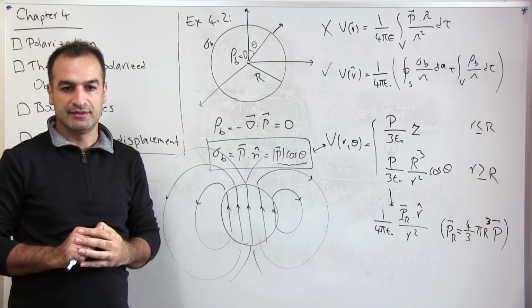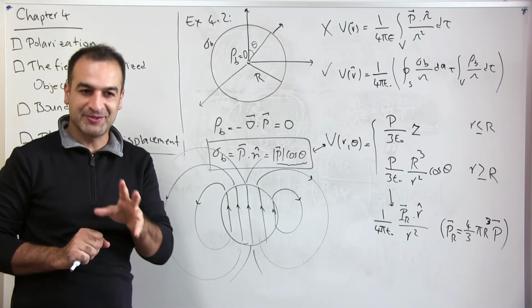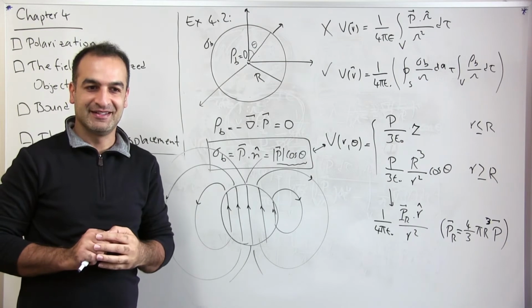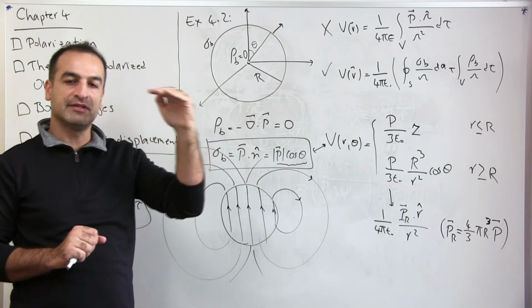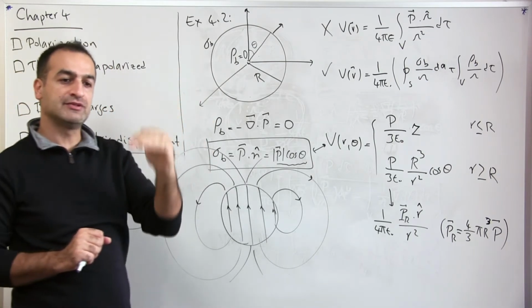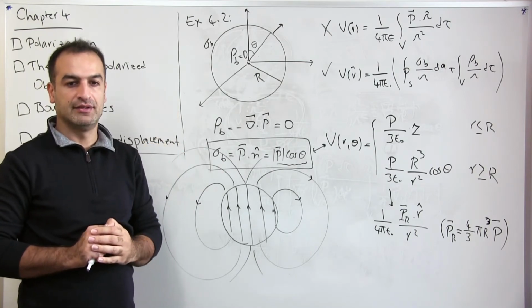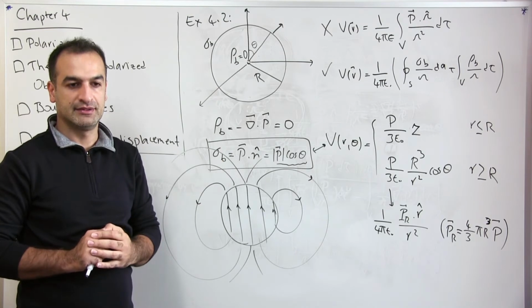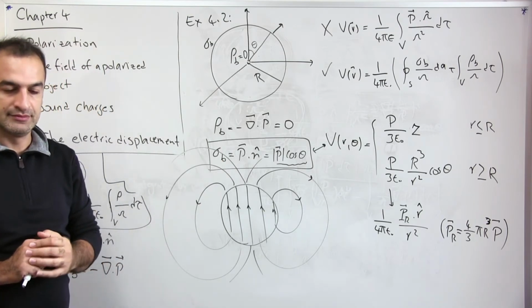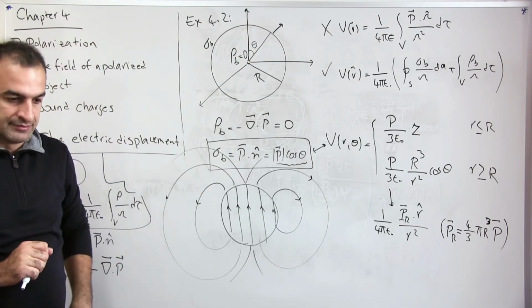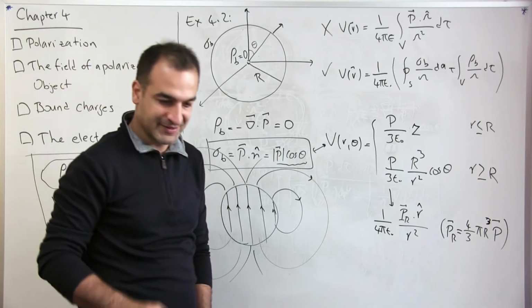Is that the answer to your question? Yes. So I did two parts. One of them integration by parts, and next I used the divergence theorem to make the volume integral a surface integral. Okay.